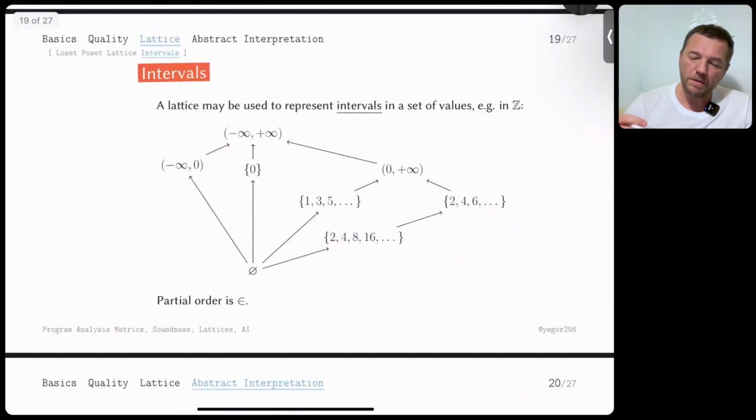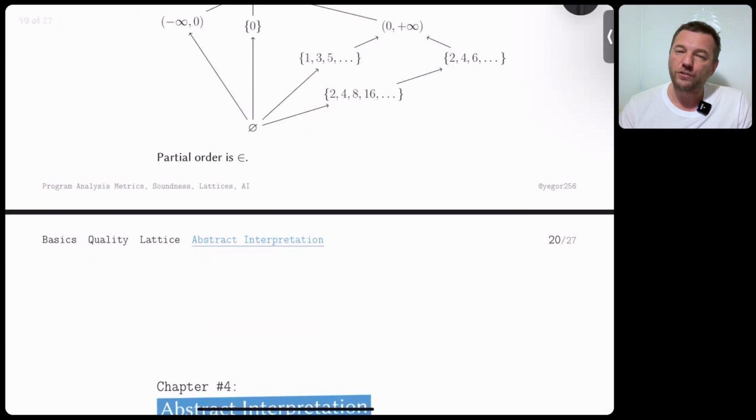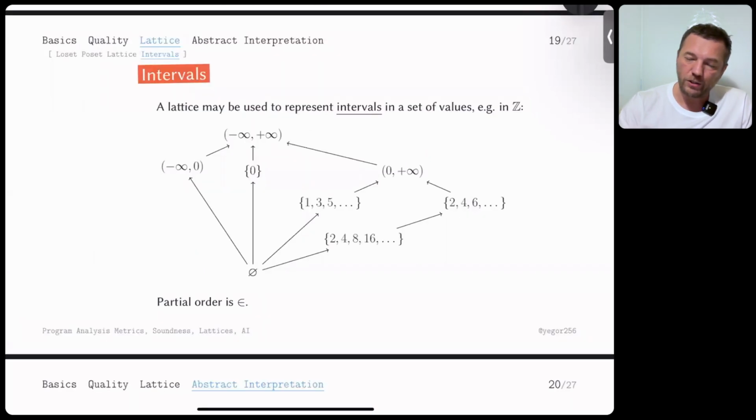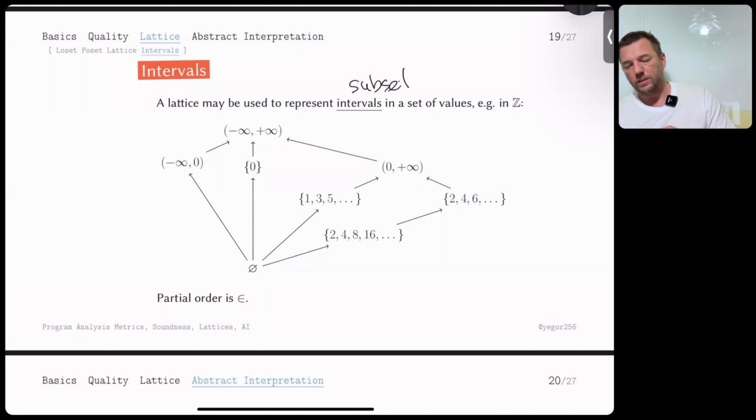A lattice may be defined, and this is usually how it is used in static analysis, by using intervals, or maybe we can call them not even intervals, but subsets. It's very useful to use a lattice when you want to define relationships between different sets or subsets inside a larger set.